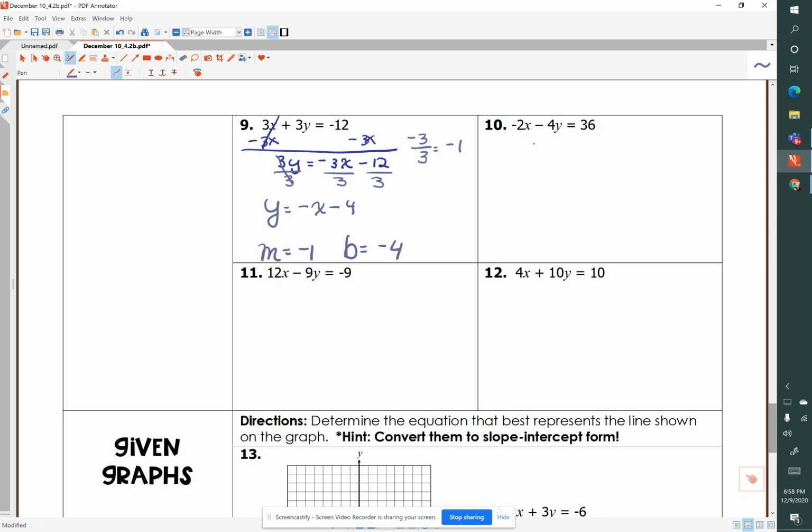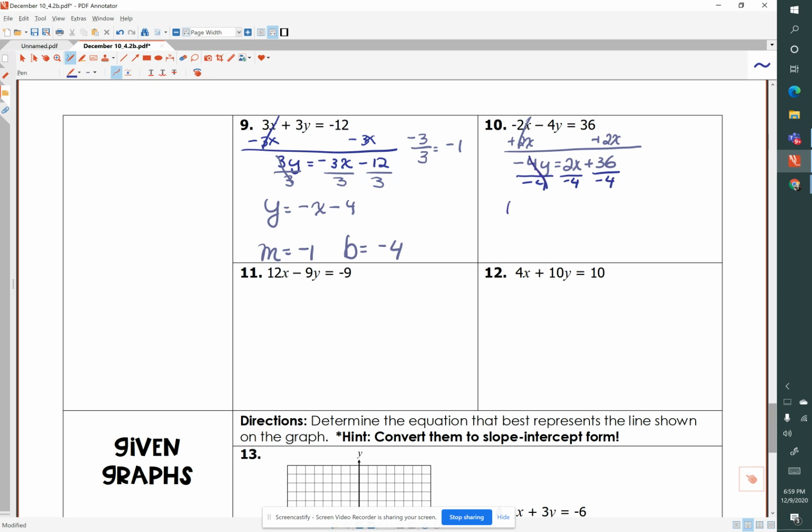And number 10, the first thing we'll do is add 2x to each side. And then we have negative 4y equals 2x plus 36. Everything needs to get divided by -4. And these are all positives, the 2x and the 36 being divided by a negative.